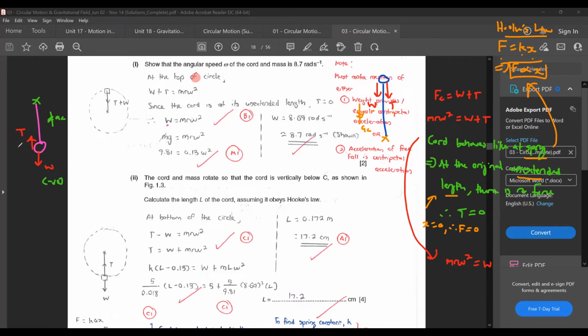T is in the same direction as your centripetal acceleration, so this is positive. Then you just make use of the equation for centripetal force. Centripetal force here would be T minus W, which in turn would be m r omega squared. I want to use omega here rather than mv squared over r because I already found omega here.